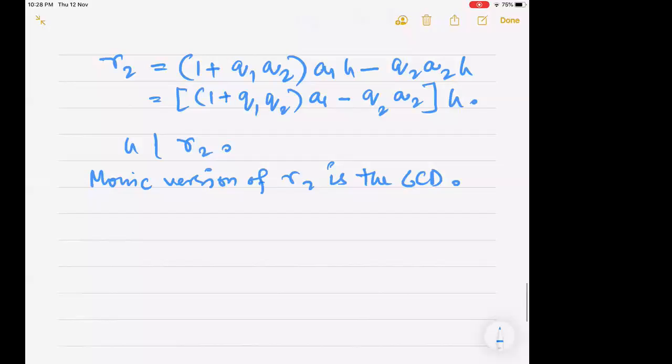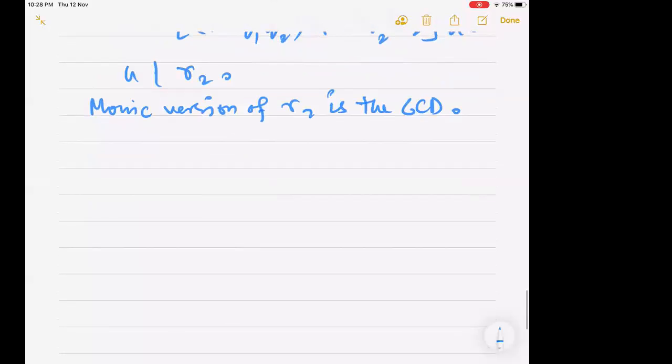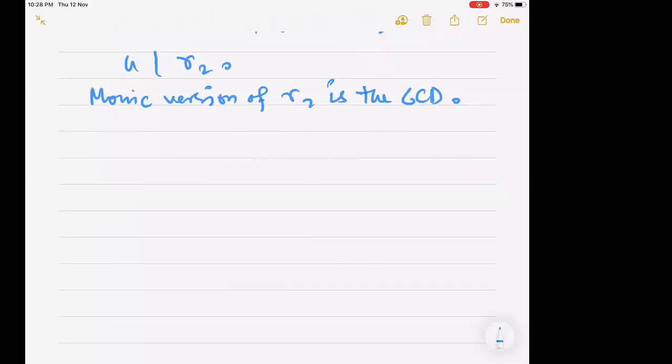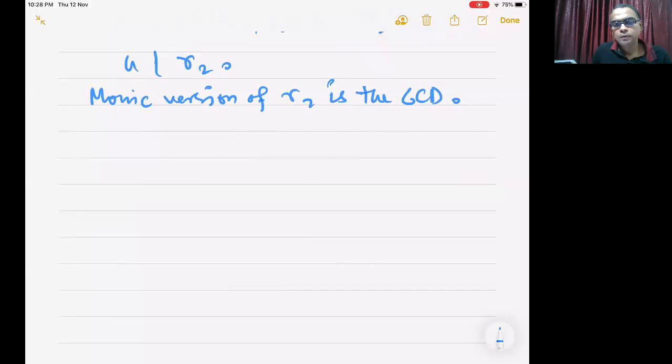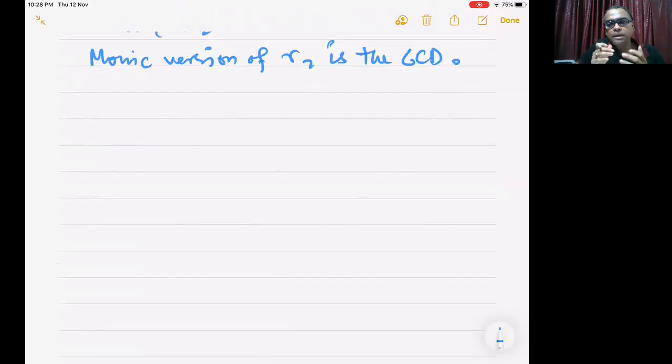So the crucial fact that lets us infer this: we keep dividing with remainders, we go to the final remainder beyond which it's a divisor, it divides completely the earlier remainder, then that last remainder would be called the GCD, right?